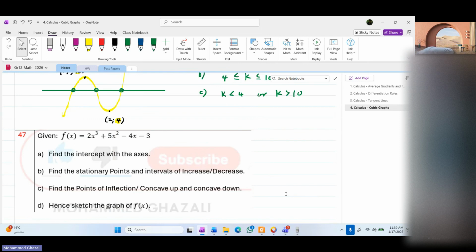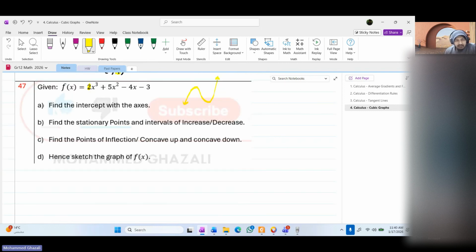And now we want to sketch this function. Now, how are we going to sketch this function? First, we notice that, okay, this is 2. So I know my graph will be this shape. The shape of my graph will be like this. But anyways, that's just a starting point. That's the shape of my graph. So let's find the intercepts. Let's find the x and y intercepts. So A, we know y-intercept.